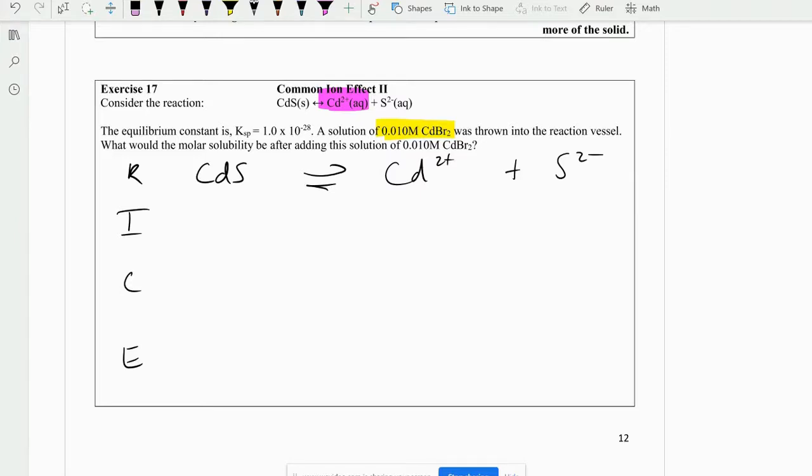Since we are adding 0.010 molarity of cadmium bromide, we're going to put that over here in the initial concentration on the product side. And we're going to put 0 for the sulfide ion because we're not changing any of the initial concentration of that. So we're going to make it plus X. Go ahead and write your equilibrium portion here.